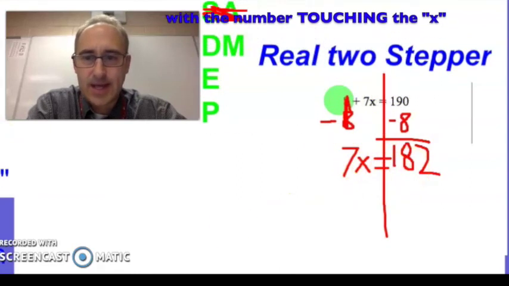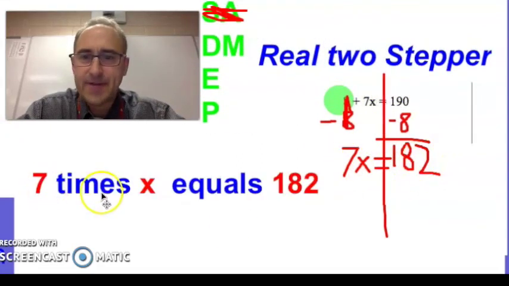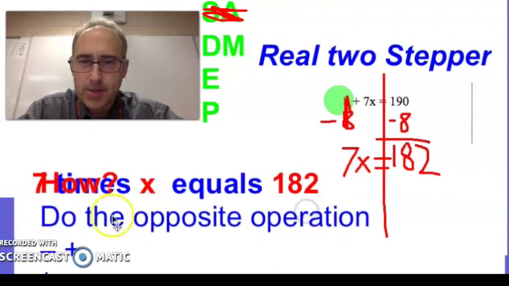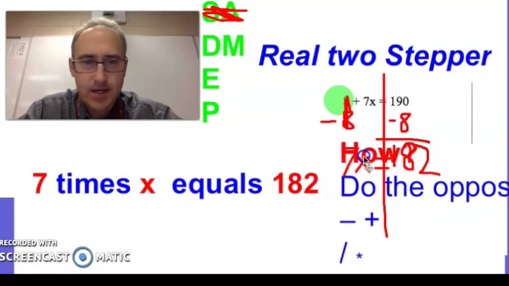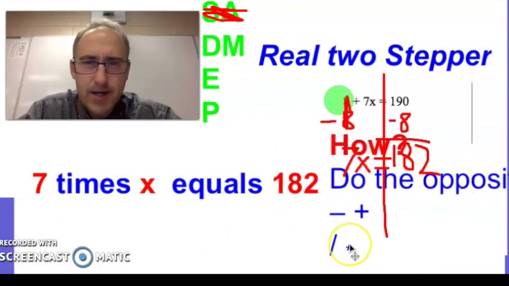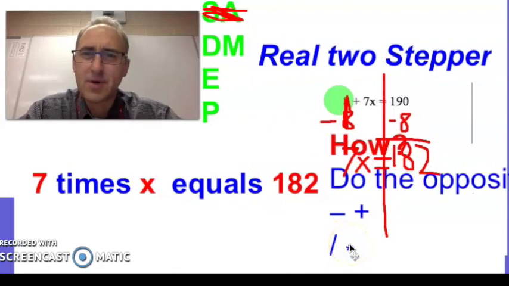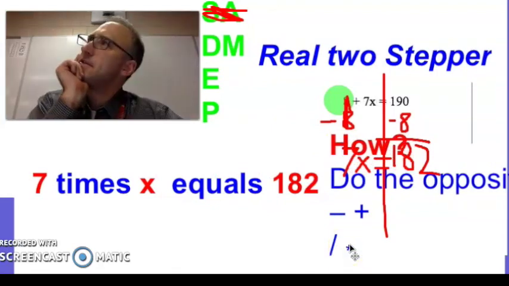What does this say? This reads 7 times x equals 182. I need to do the opposite operation. Let me just double check what that is. Do the opposite operation. Subtract is add and divide is multiply. I wonder if that means multiply is divide.